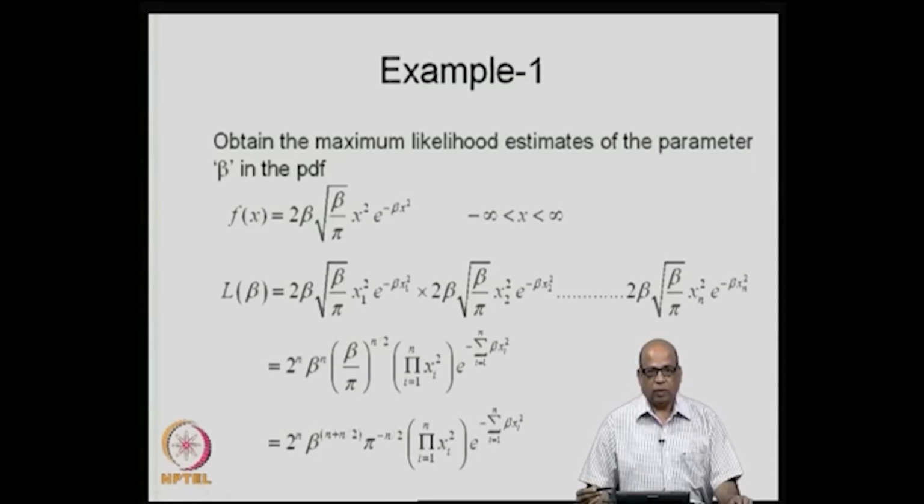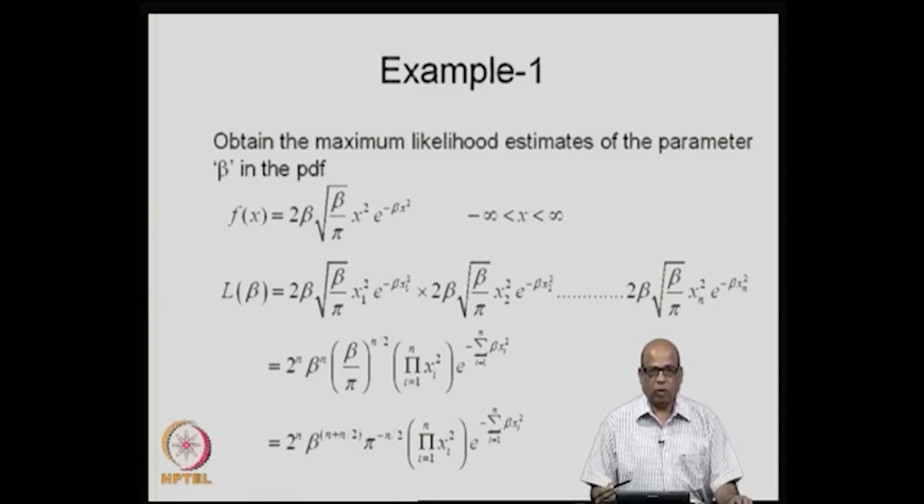Recall that in the last class I mentioned about the log function. The log of a particular argument will have the maximum value at the same value corresponding to that argument, where the argument itself would have had the maximum value.